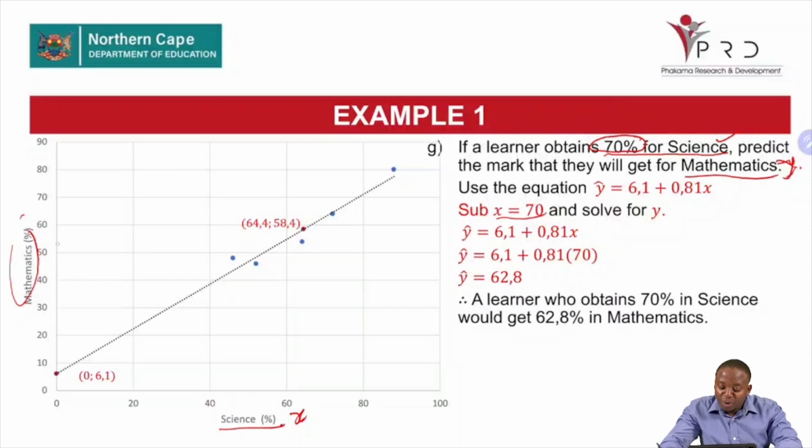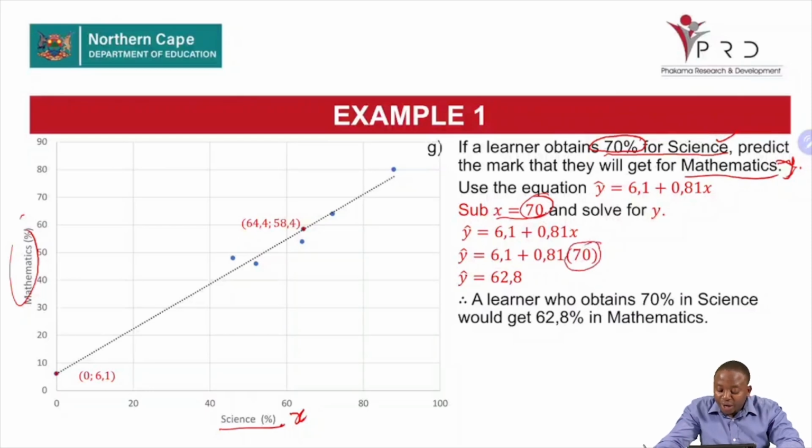Now, when we solve, the equation for the line of best fit, in that case, we'll say y hat is equal to 6,1 plus 0,81x. Then for y, we substitute in the space of x, what do we put? We put 70 there.